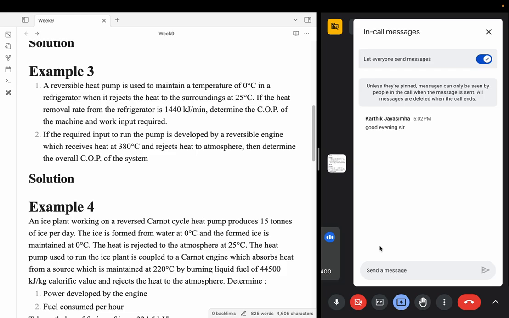Yeah, hope my screen is visible. So we'll get started.